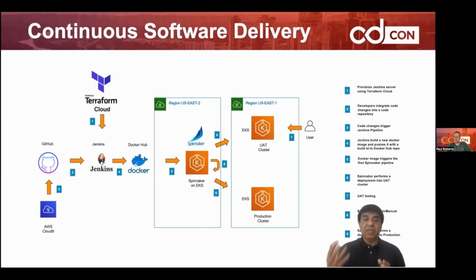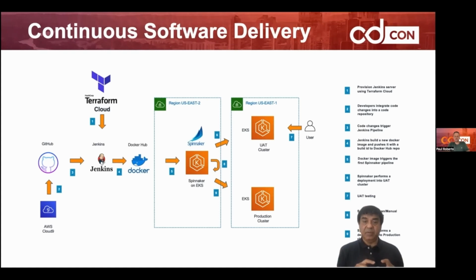And once a new tag of that image appears in Docker Hub, Spinnaker comes in. In Spinnaker, we have a concept of pipelines as well, which I will show you in the demo. So a pipeline will pick up that new tag of the Docker image, and the pipeline will start executing. And it's all automatic.